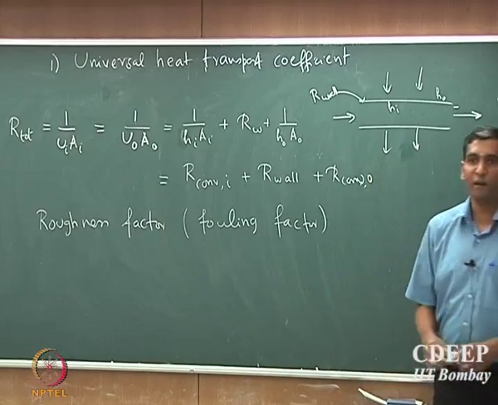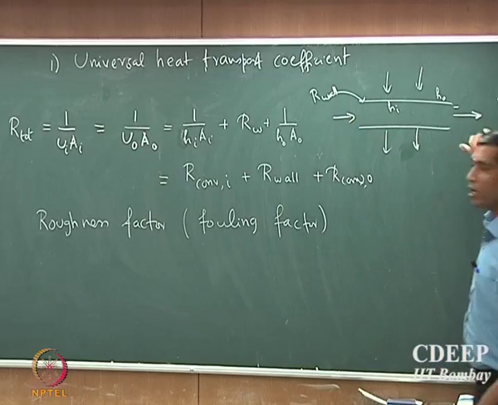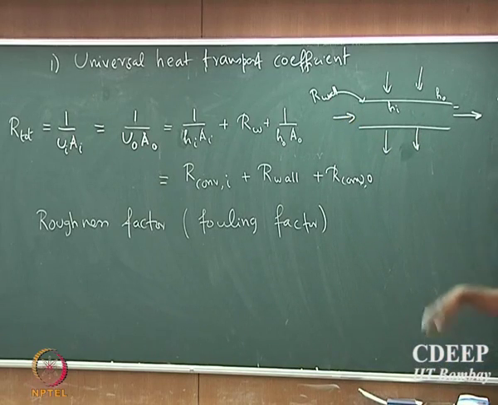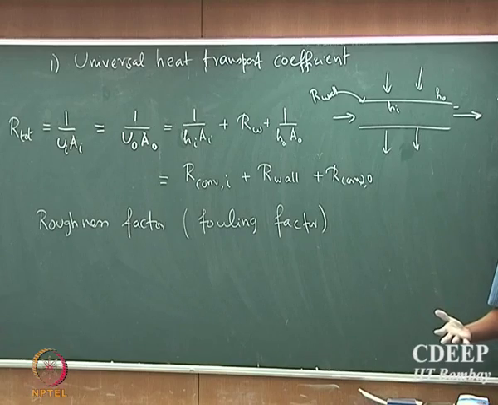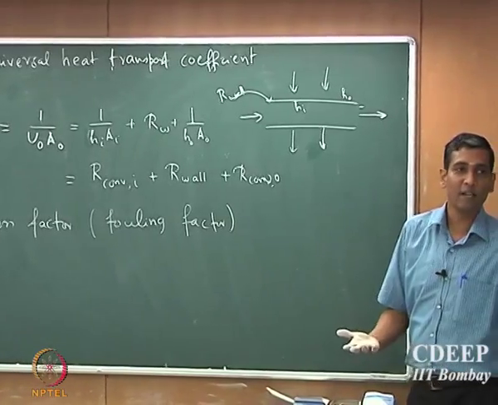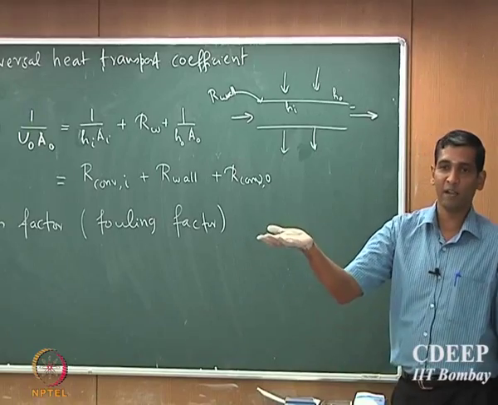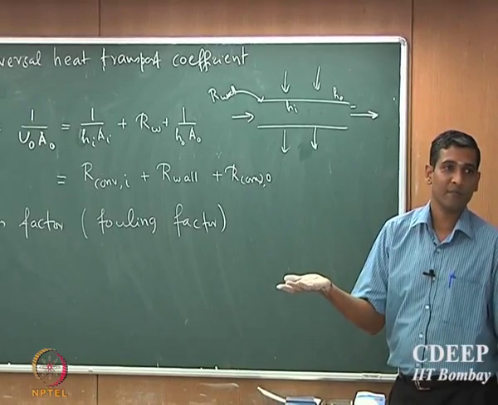Now, what this fouling factor is: whenever there is a fluid flowing through, remember that most of these fluids for which heat transport has to be done are very corrosive. For example, if you look at a sulfuric acid plant, if you want to heat sulfuric acid, it is very corrosive.